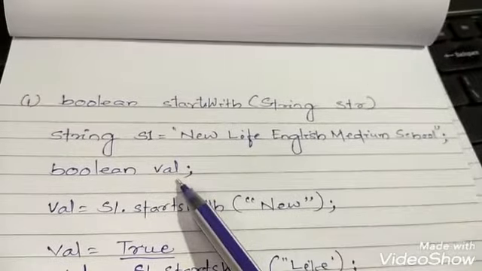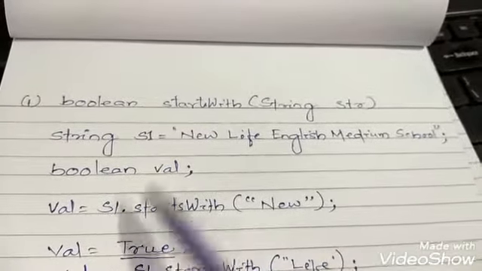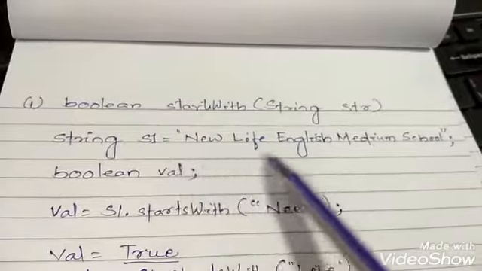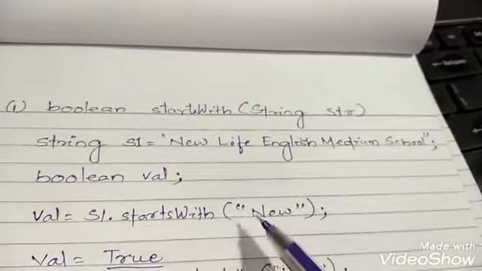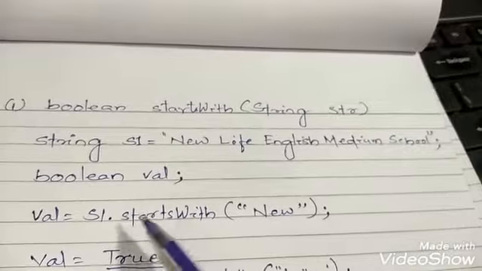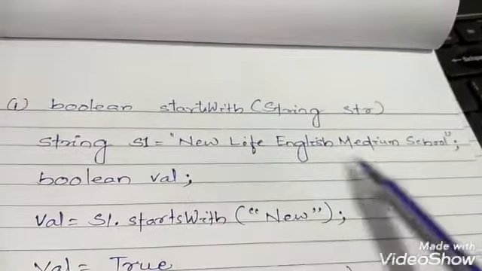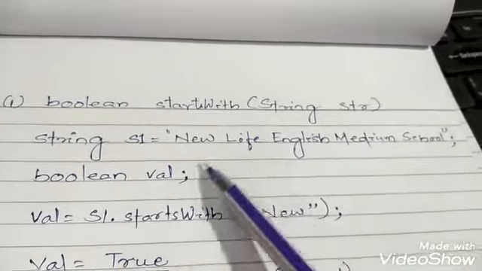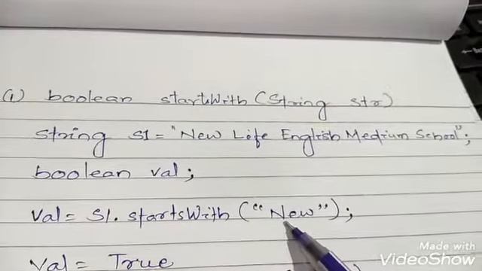And val equal to s1.startsWith("new"). S1 is that string. What is the value of that string? New Life English Medium School. That means you are going to check the string s1, whether that string starts with new or not. So you can see here new is there.